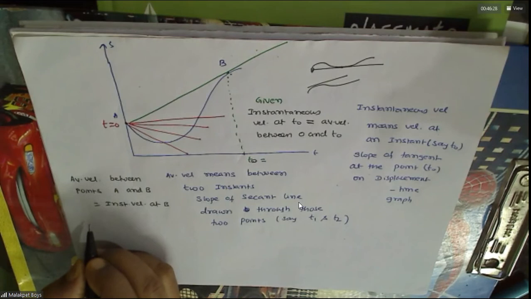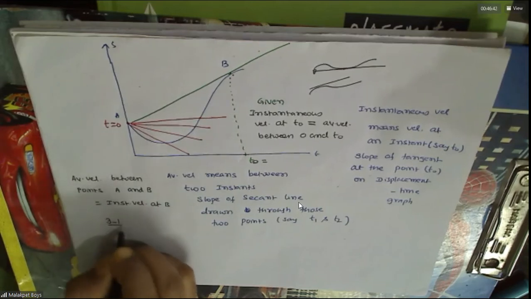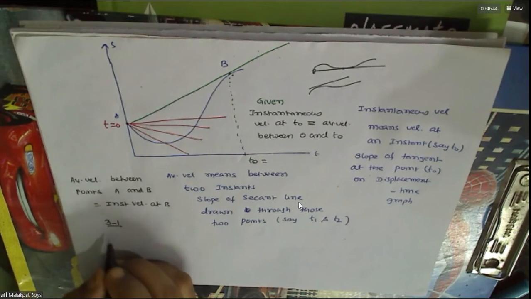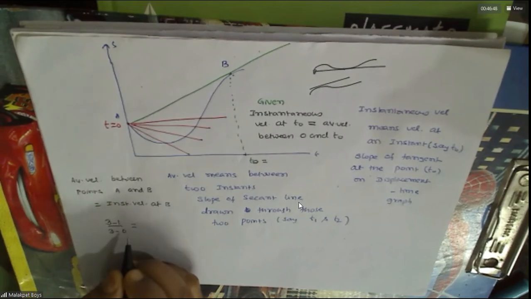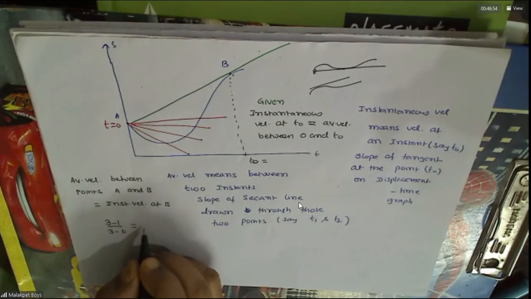So the average velocity is nothing but the displacement between 0 and 3 divided by t naught. This is the average velocity, no?